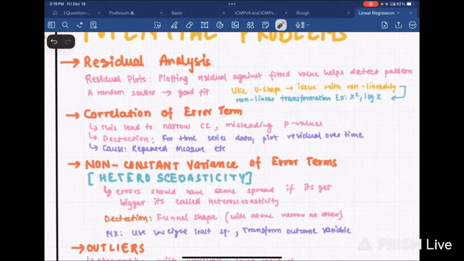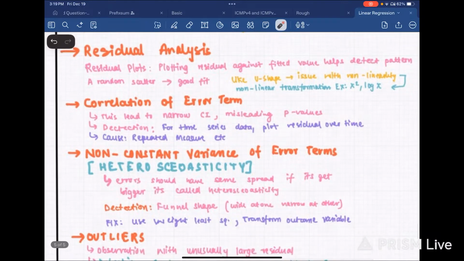These are caused by repeated measures, because in the real world we sample in very different ways, and there are many ways to sample.